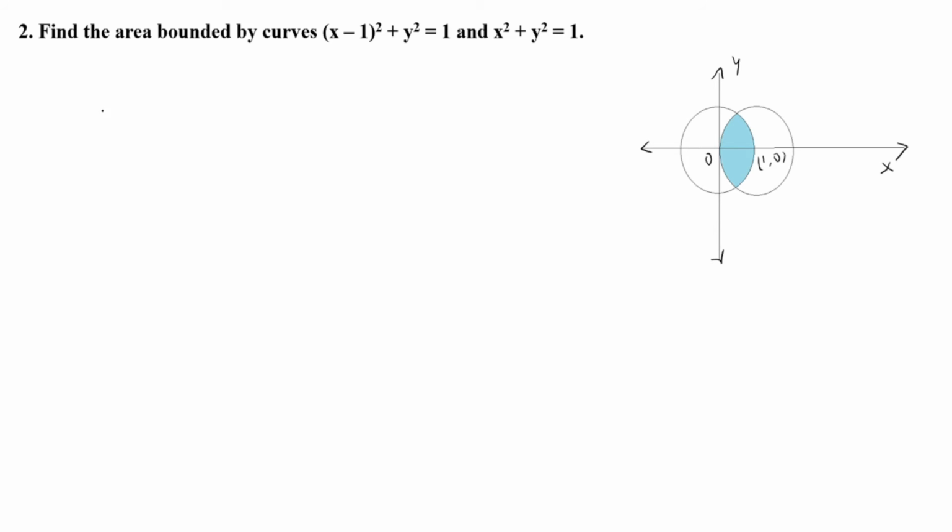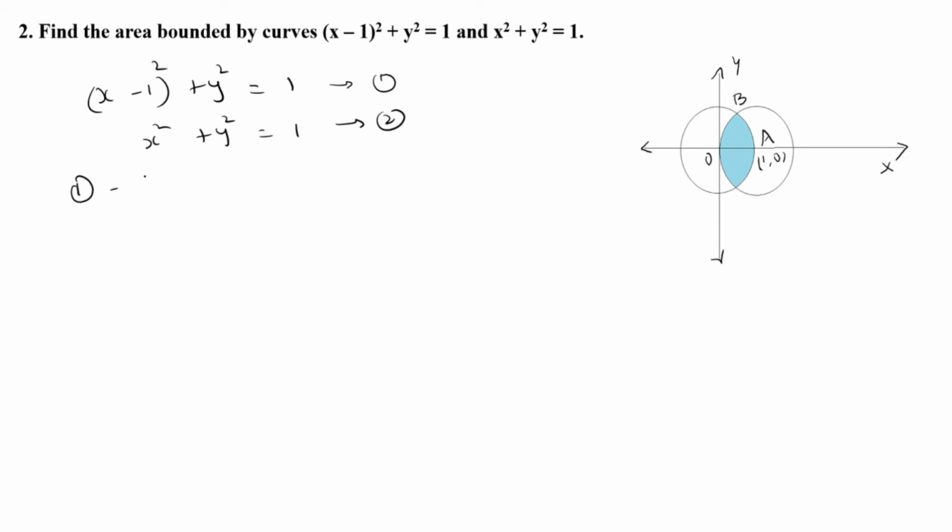So first let us try to solve these two equations to find the point of intersection. So let us mark this point as A and this point as B. So we have x minus 1 the whole square plus y square is equal to 1 and x square plus y square is equal to 1, let this be 1, let this be 2.